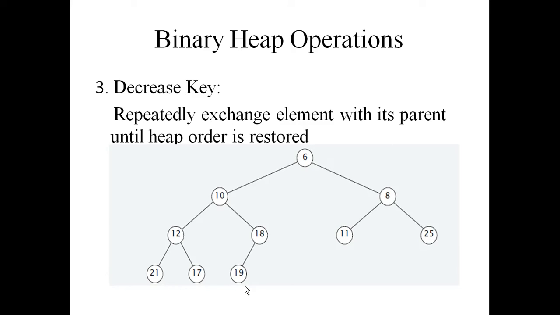If you decrease the value of 19 to 11, it will no longer remain a min heap. So to make it a min heap, you compare that with its parent. You compare 18 and 11. 11 is smaller, so 11 will come here and 18 will come here. And then it remains a min heap. Likewise you go on performing the exchange operations until the heap order is restored. So that is the decrease key operation.